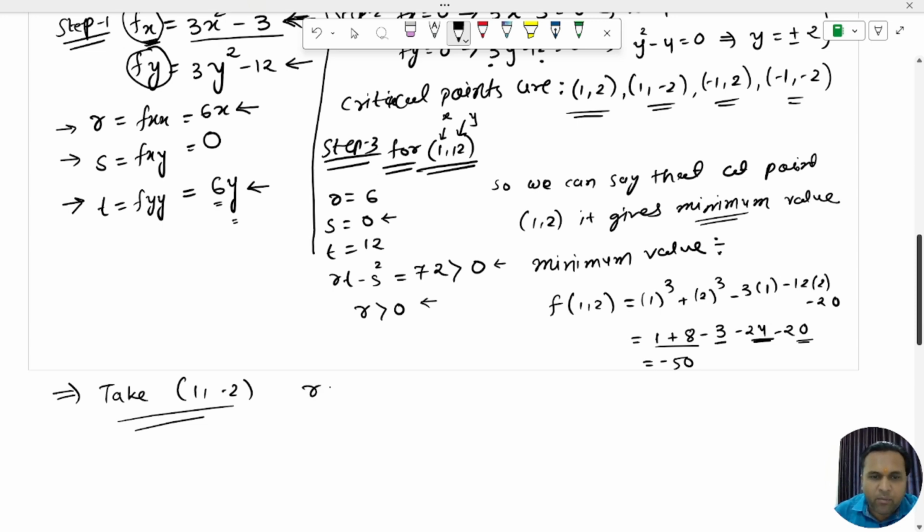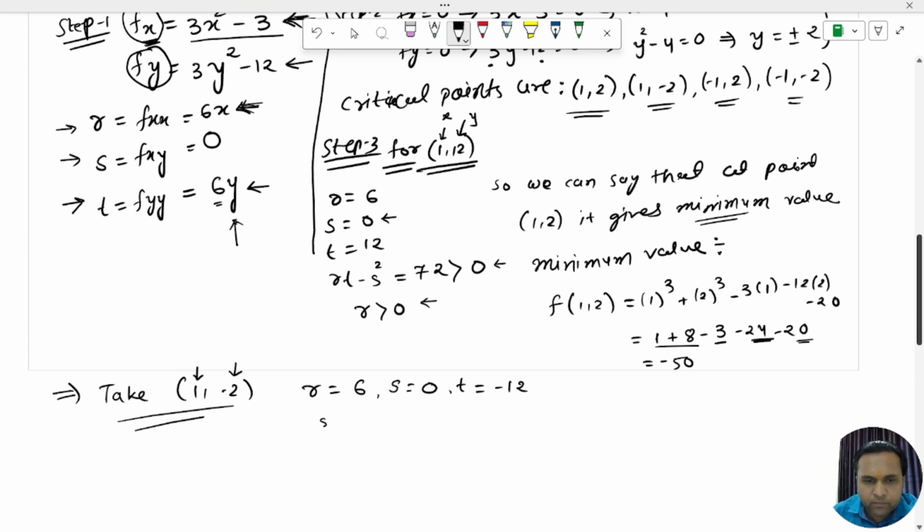We have to find r, substituting 1 in place of x and -2 in place of y in r, s, t. So my r becomes 6, s becomes 0 and t, if I take -2 here, becomes -12.